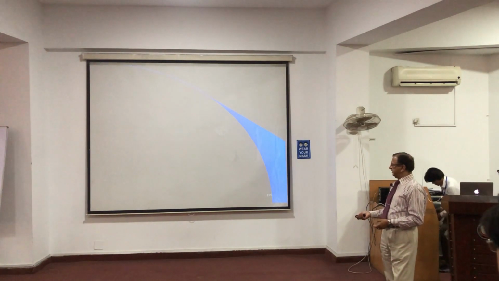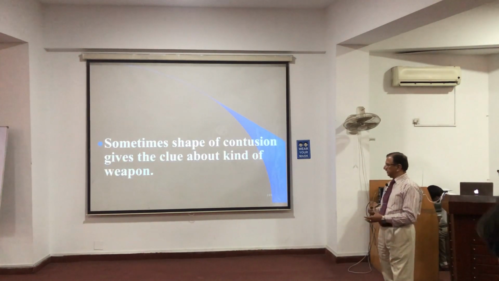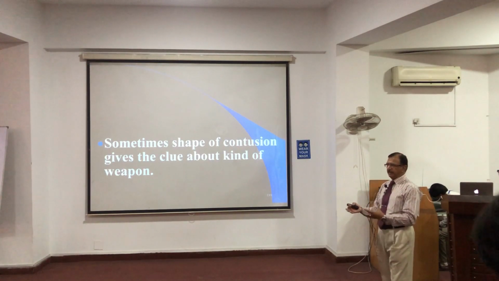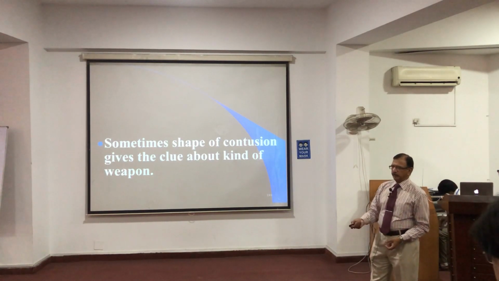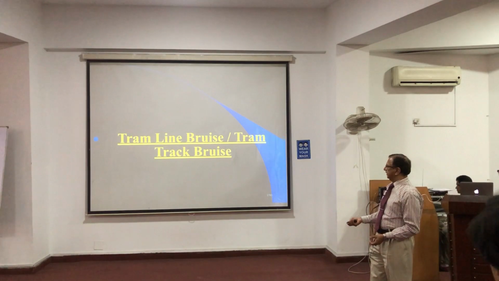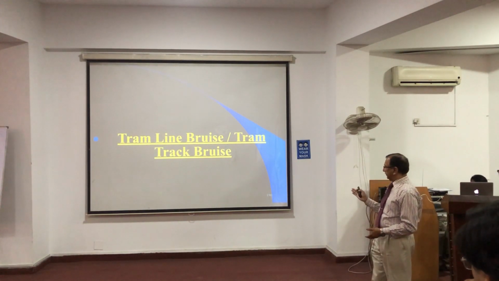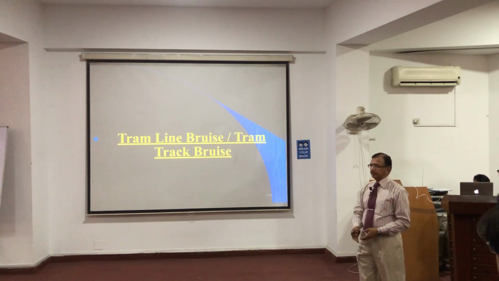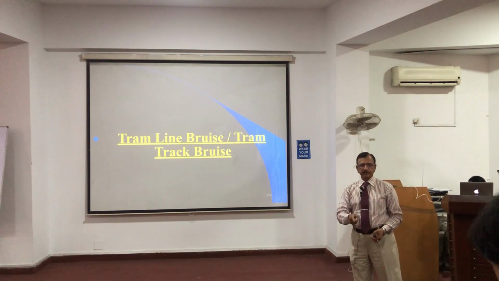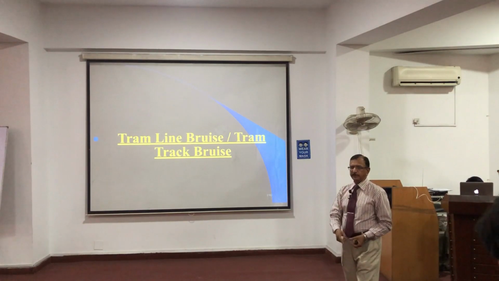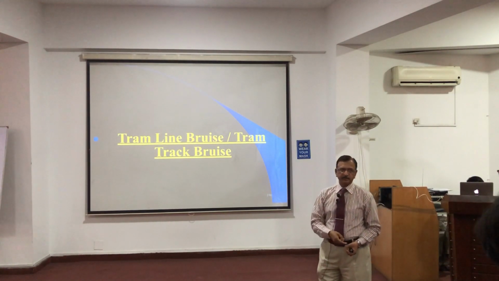Then regarding the kind of weapon, sometimes because of the imprint, we can distinguish what weapon has been used. Like tram track bruising or tram line bruising, because of a stick, a metal rod or a whiplash.